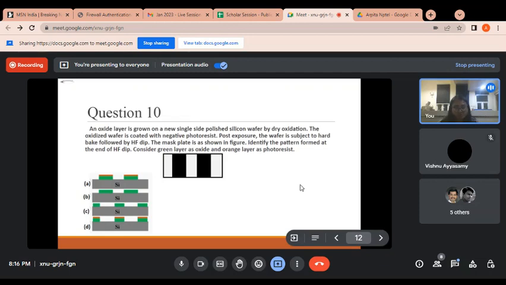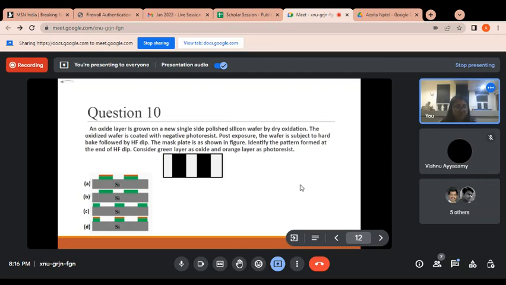For positive photoresist, when it is covered, it will remain, and the other portion of the photoresist will be etched out. But for the negative photoresist, the covered portion is weaker, and the exposed area becomes harder. So the covered area will etch out.